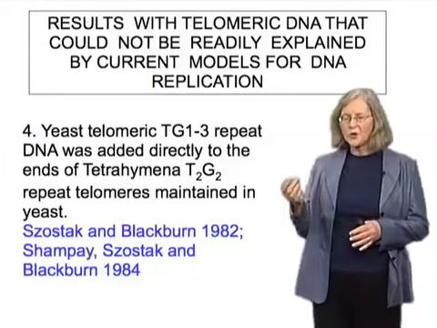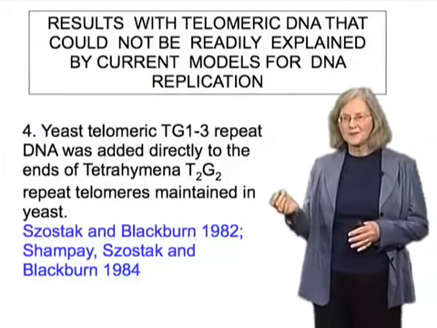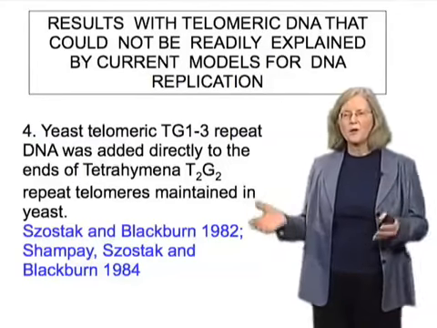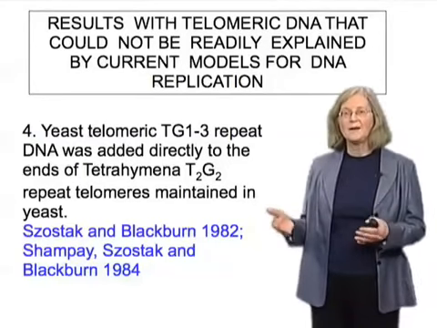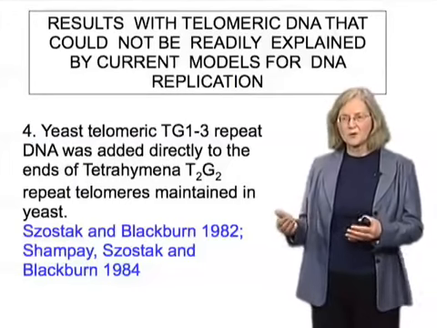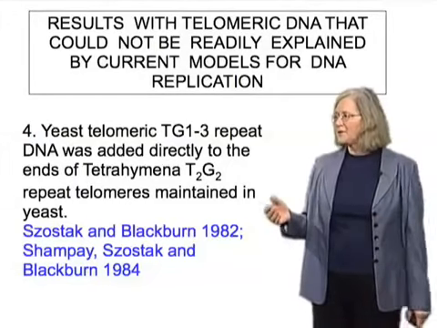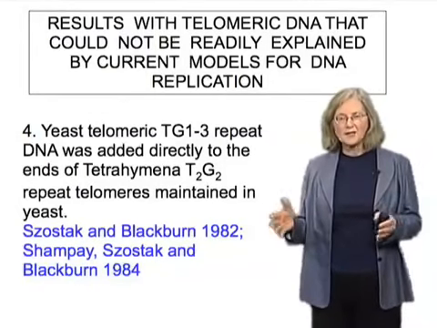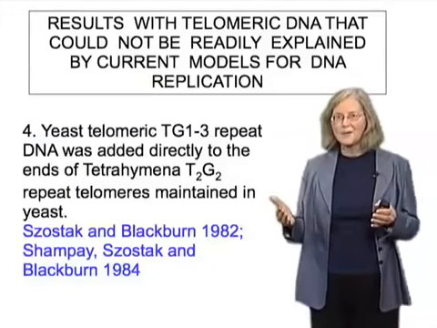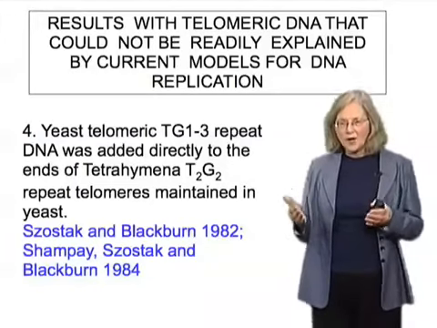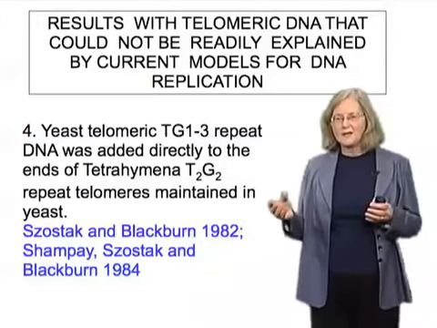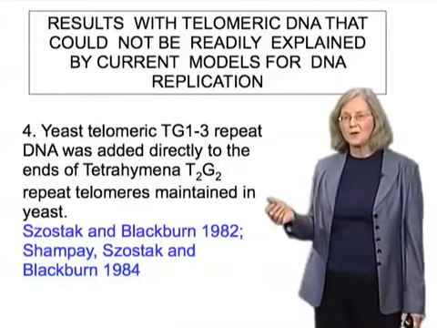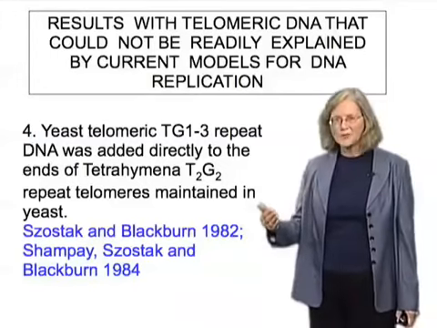The fourth observation was, again, something that came out of an experiment that I'll have to explain. Now, one could put circular plasmids into yeast cells, and if the plasmids are linearized, essentially they're unstable. They get gobbled up or rarely will recombine into the chromosomes and thus be preserved. But what was found was that if one simply grafted onto the ends of such a linearized and therefore normally very unstable yeast plasmid Tetrahymena telomeric DNA fragments, the telomeres of Tetrahymena mini-chromosomes, and introduced those into cells.